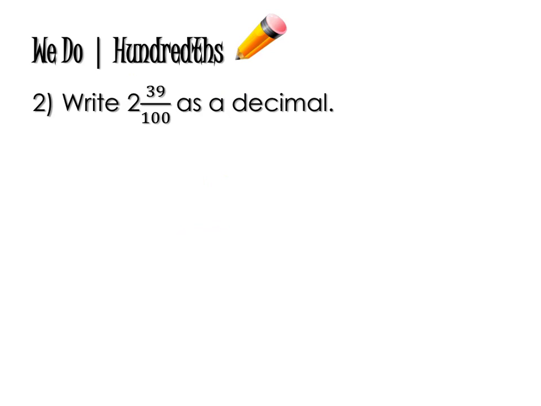Question 2. Write 239 over 100 as a decimal. Or in other words, write 239 hundredths as a decimal. So my 2 will remain as 2 ones. My 39 hundredths, I will move by 2 positions. So it will be 2.39. So this is your answer.